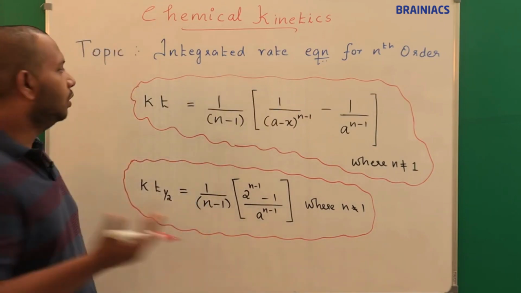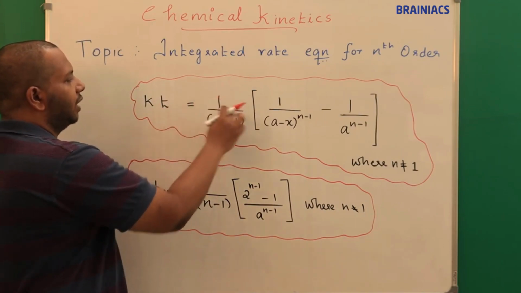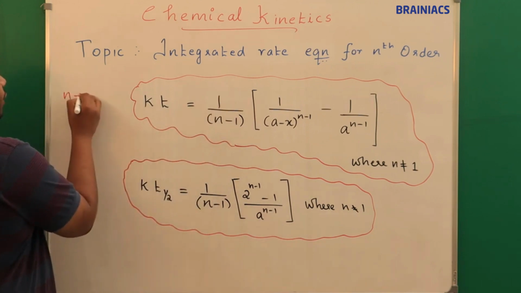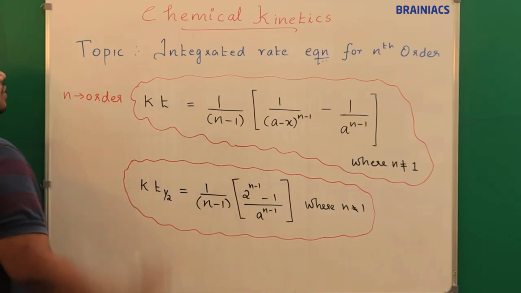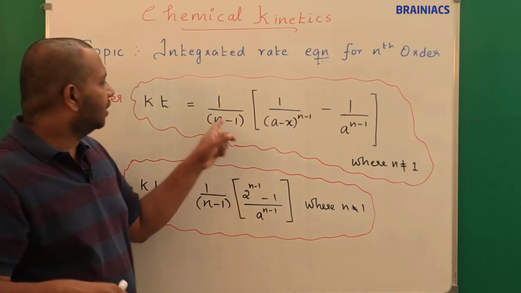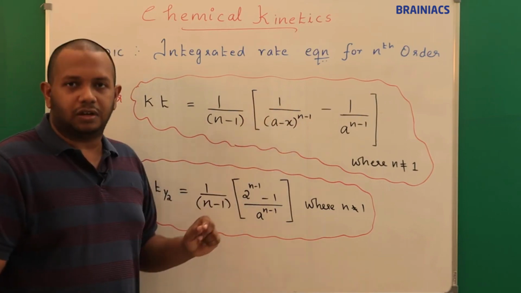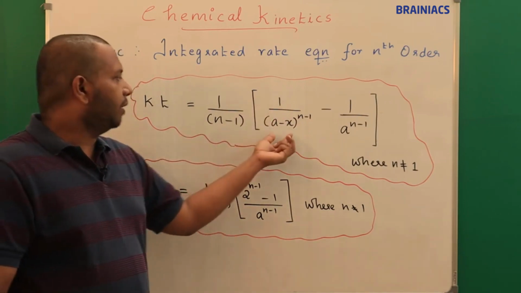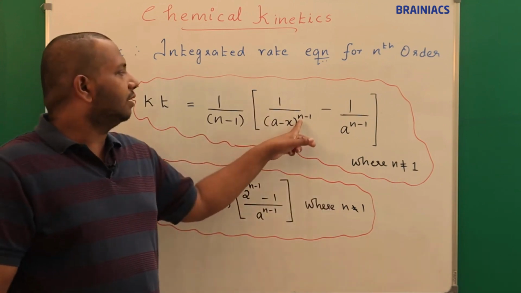So what you need to do, apply this equation, kt is equal to 1 by n minus 1. We know n represents the order, correct? So n is the order of the reaction. Since it is a second order reaction, I can put 2 minus 1, 1 by a minus x, where x is the amount of product formed. So a minus x is the amount of reactant remaining, correct? So here n is equal to what?